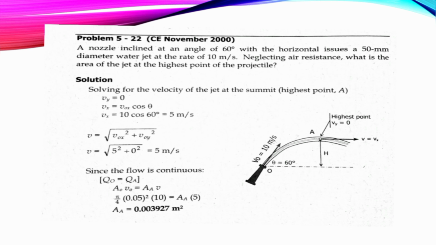Since we are neglecting the resistance, the flow of the water jet will be continuous. Therefore, the discharge will be Q sub O equals to Q sub A. Then solving for the discharge, we'll get the area of the water jet in its highest point, which is required in the problem.